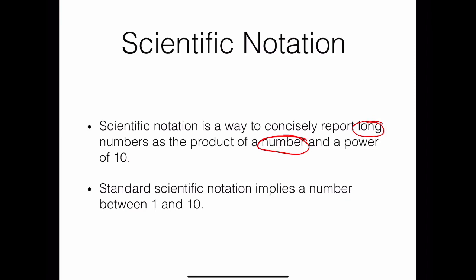We refer to standard scientific notation as the base number being between 1 and 10. So a number can be written in scientific notation without having the base number between 1 and 10. Specifically, standard scientific notation has that very first number written between 1 and 10. And that's what we're going to be using pretty much exclusively, standard scientific notation.